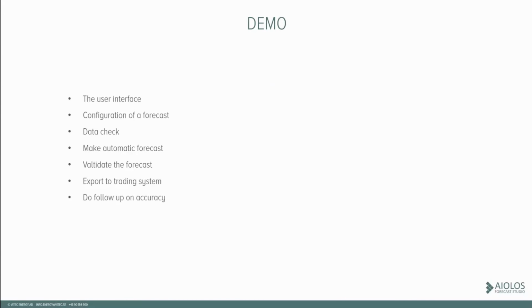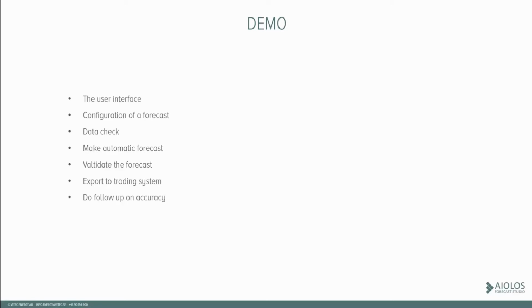With that said, we are soon going to leave the PowerPoint and have a closer look at what the system looks like. We will go through some different parts. We will check the user interface, a short explanation of that. We will configure the datasets before the forecast. We will make an automatic and manual data check to see if we have any spikes or any gaps in the data.